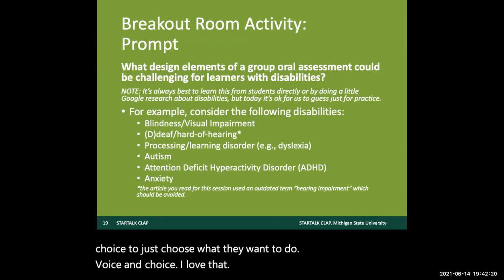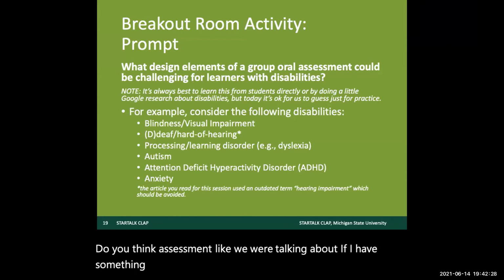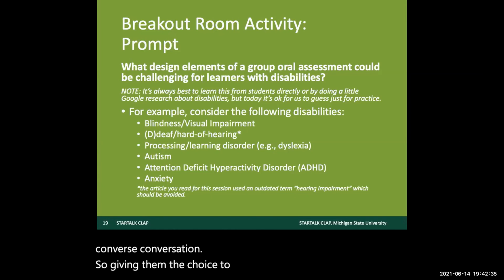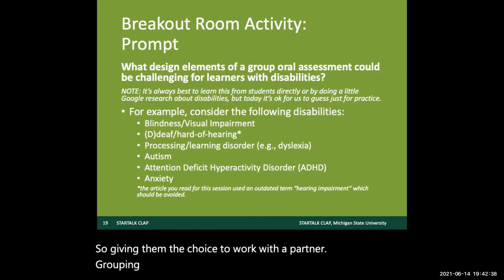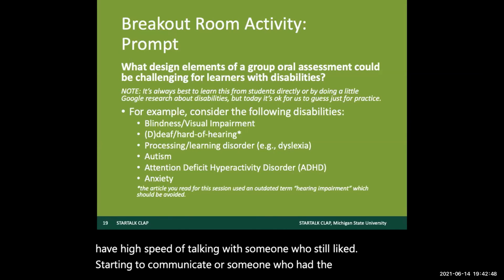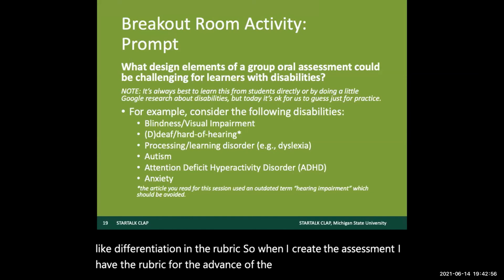So, like creating assessment, like we were talking about, if I need them to do something specific, like an oral conversation, giving them the choice to work with a partner, grouping them based on their level. So I can't put someone who has a high speed of talking with someone who's still starting to communicate, or someone who has anxiety. Also, differentiation in the rubric. So when I create the assessment, I have the rubric for the advanced students and another rubric for the beginners.